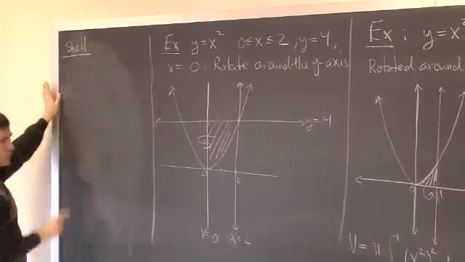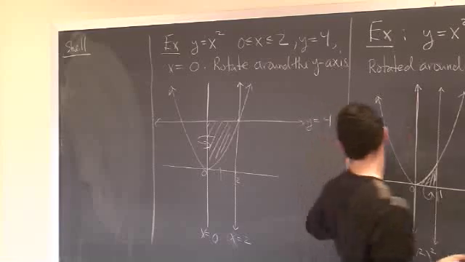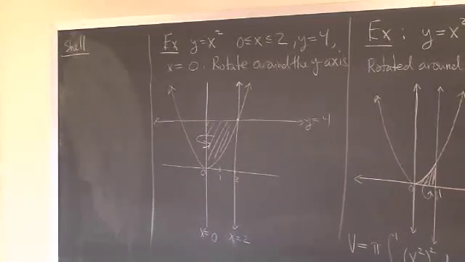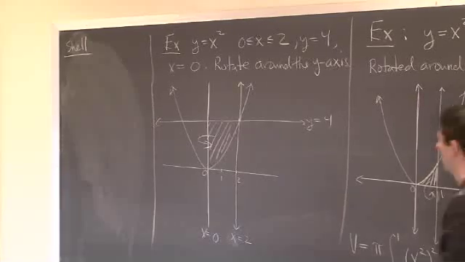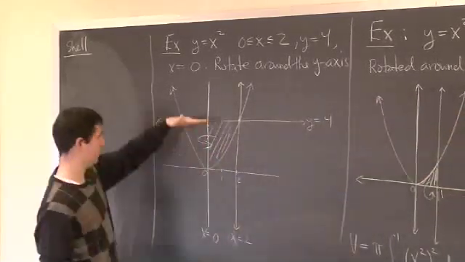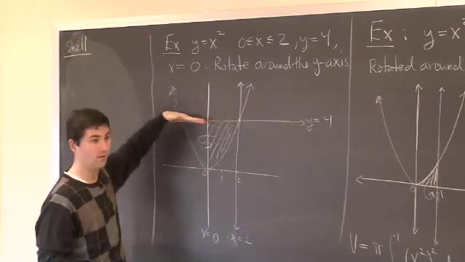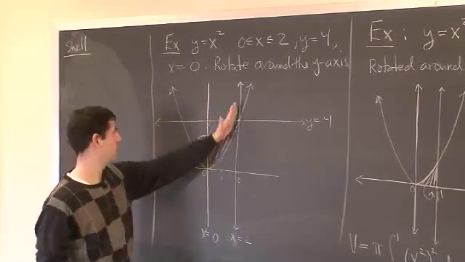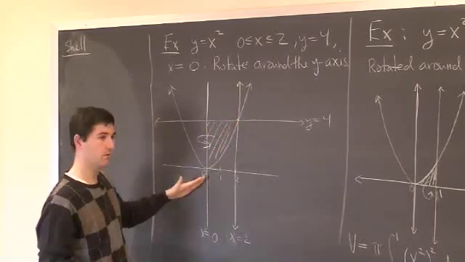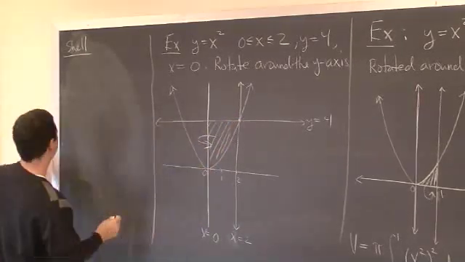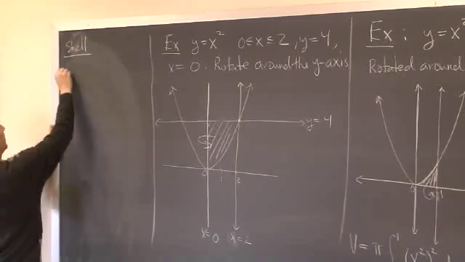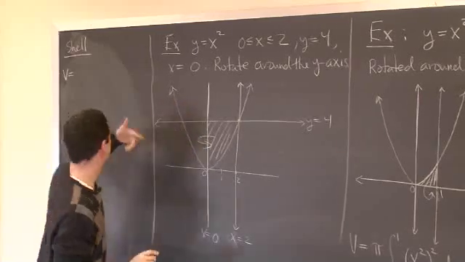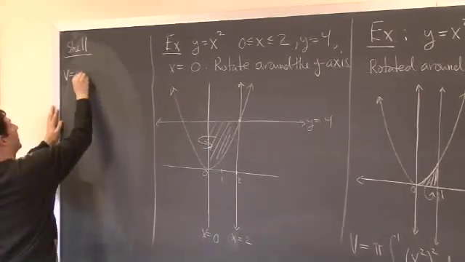Okay, so in the shell case, if you're going around the y-axis, then your functions should be in terms of x. Now, here we have a function of x, y equals 4. Not a lot of x's, but it's still a function of x. And here we have a function of x, y equals x squared. So the volume is supposed to be, since there's two things going on, the 2 pi formula.